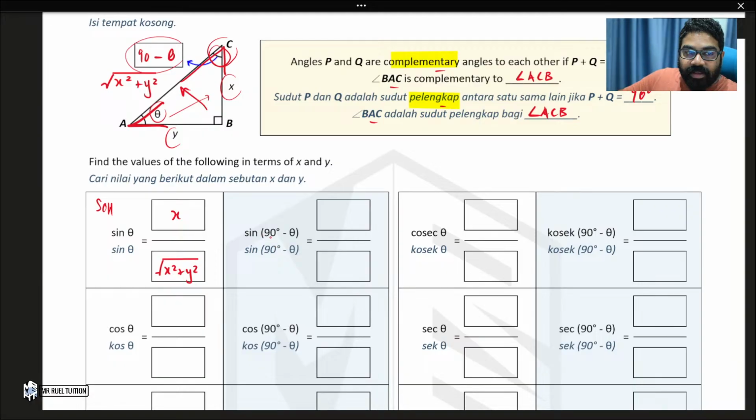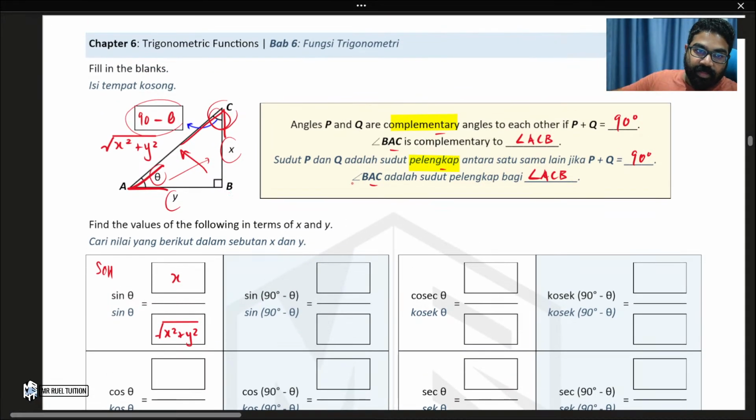Apakah sine 90 tolak theta? 90 minus theta, sine will be... sini. Opposite is what? Y over hypotenuse. Y per punca kuasa 2 x square plus y square.